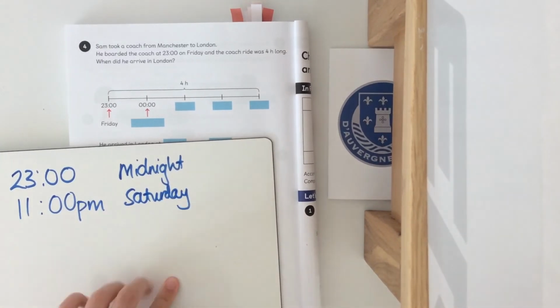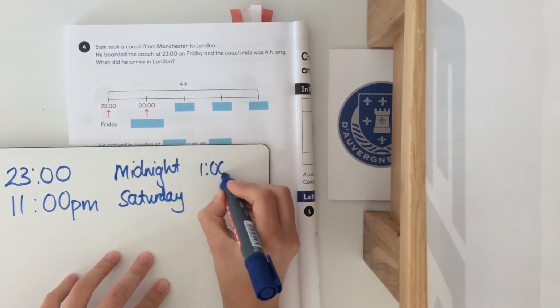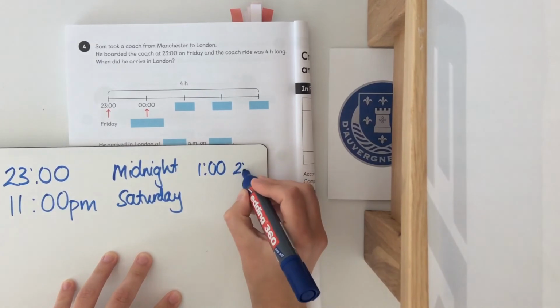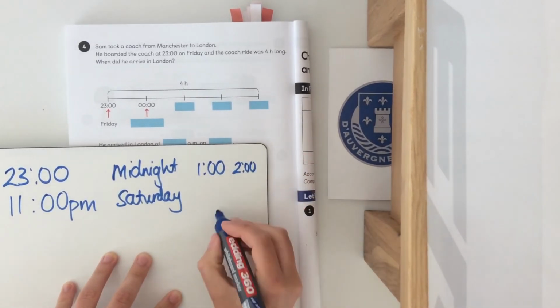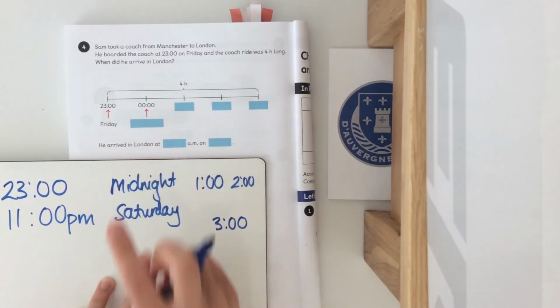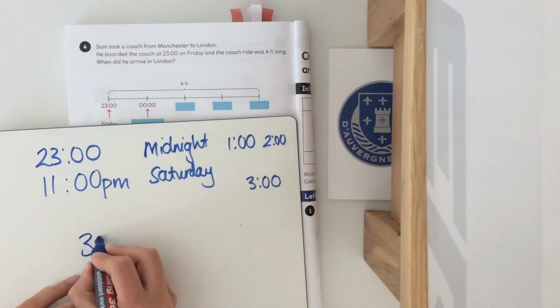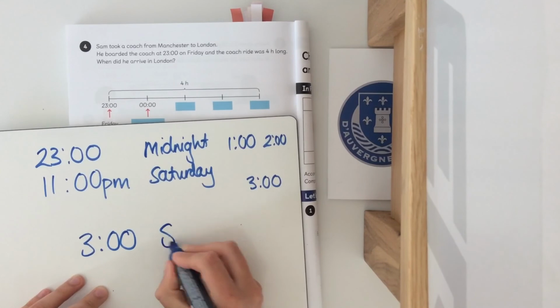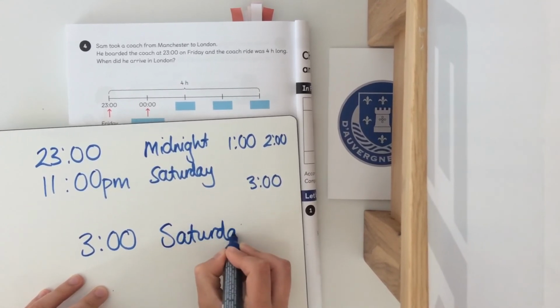And then another equal jump would be 1 a.m, then we have 2 a.m, then the final box is 3 a.m. So he arrived in London at 3 a.m. on Saturday.